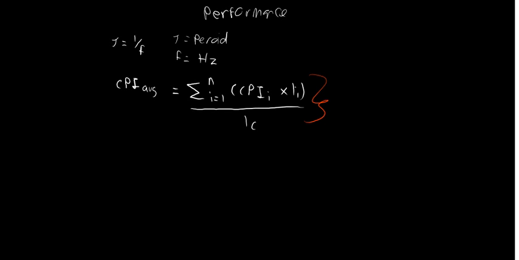Now I can understand it, but basically what they are saying is, for each of our instructions, we're going to say our instruction, let's say CPI_i, times our instruction count, the number of instructions. Let's say our program has 1000 instructions.